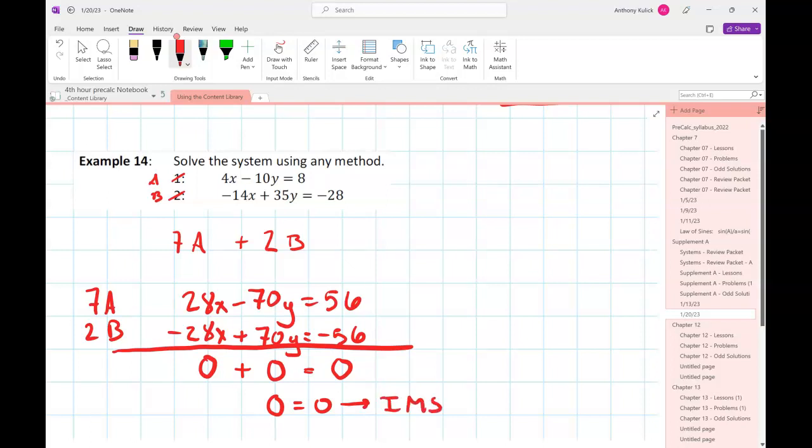Remember, that was infinitely many solutions is what we say about that when you get something that's always true. Now to clarify, when we say infinitely many solutions, does that mean I could pick any x and any y and that'll be a solution to the system?